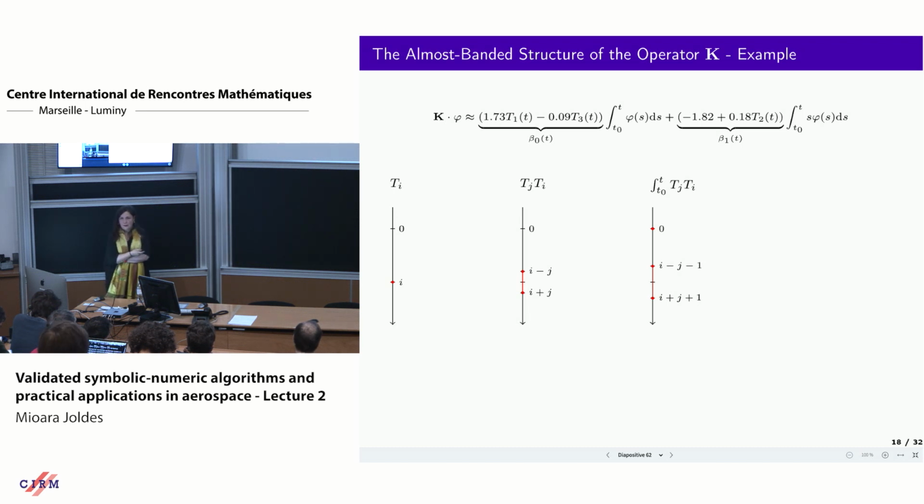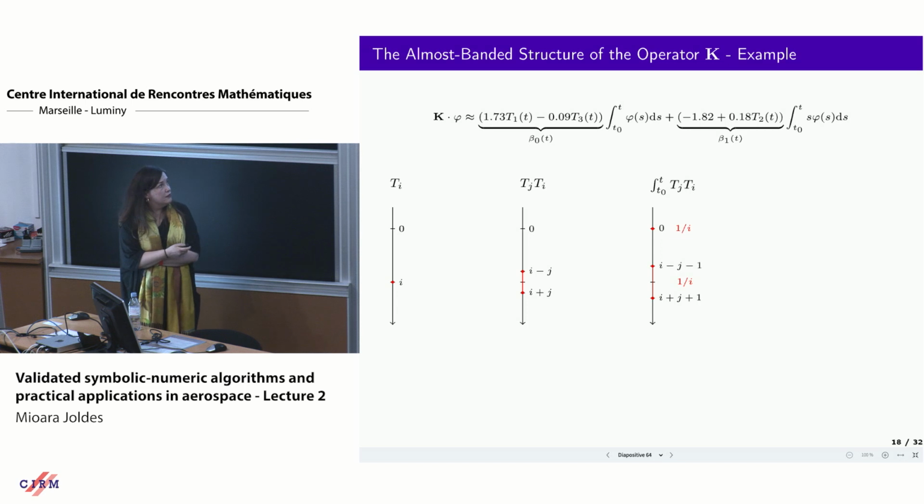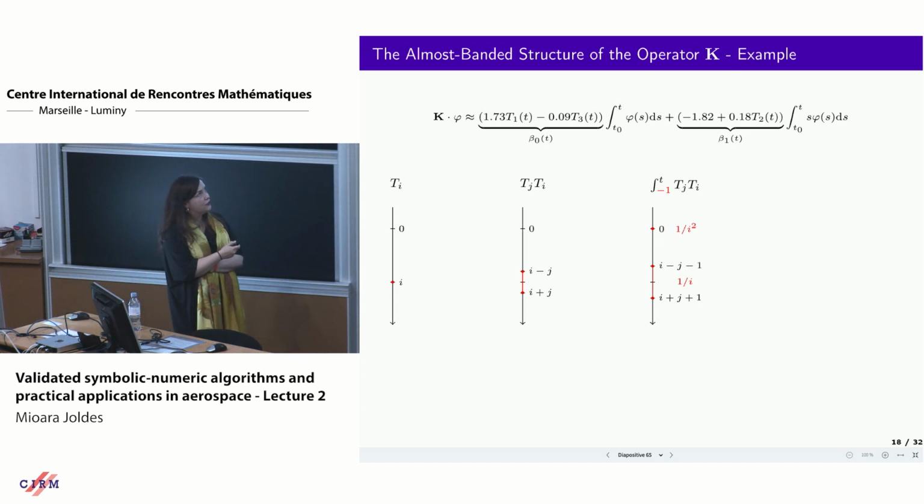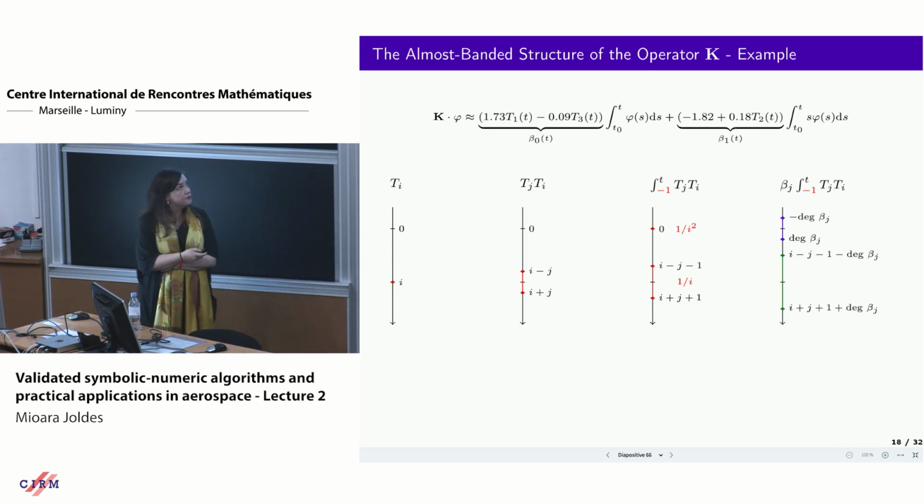We can also see how the coefficients will decrease. For instance, with integration, these coefficients will decrease in 1 over i. And if we put this trick of starting our integration from -1, then we can prove that the constant coefficient will decrease in 1 over i squared. It would be nicer to have a tighter bound.